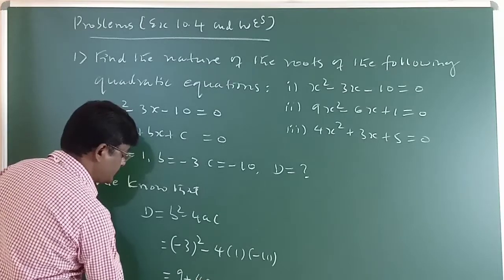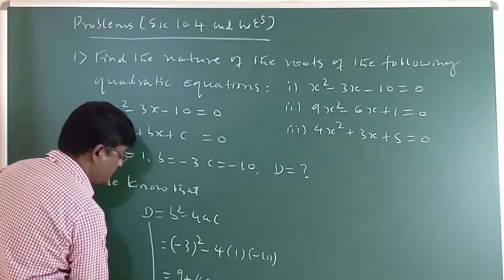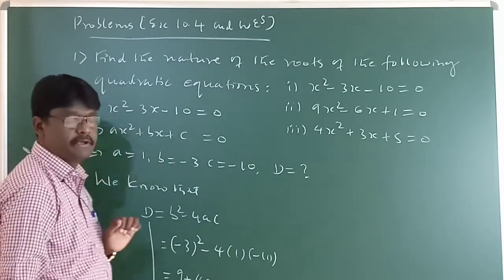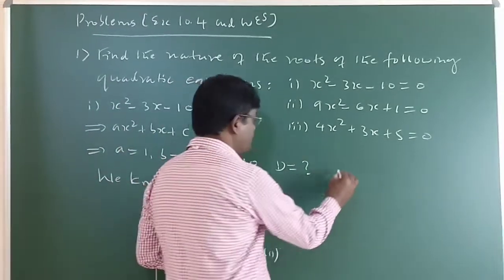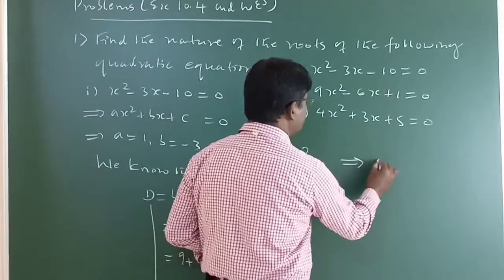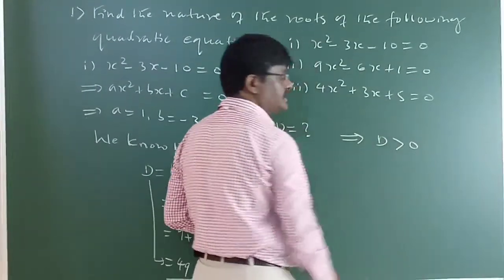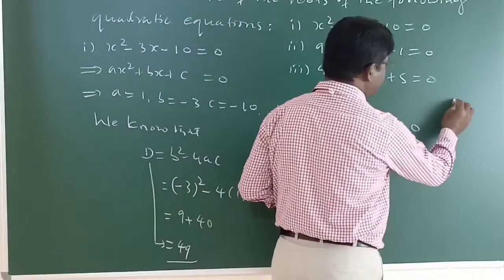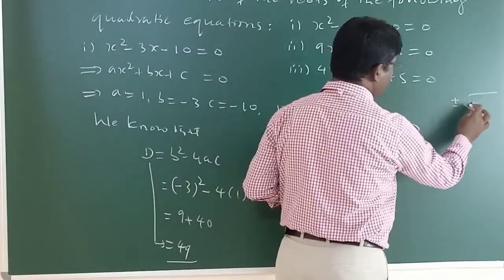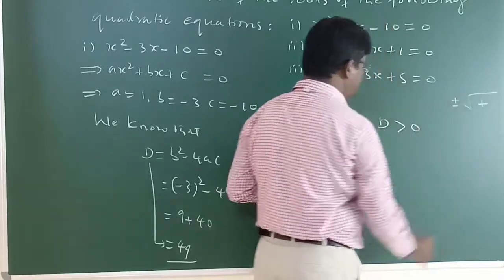Hence, this discriminant D equal to 49. When D equal to 49, this implies D is greater than 0. Hence, children, when D is greater than 0, it means b square minus 4ac is positive.